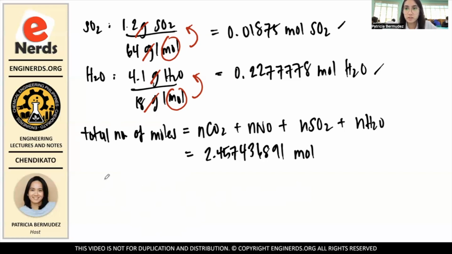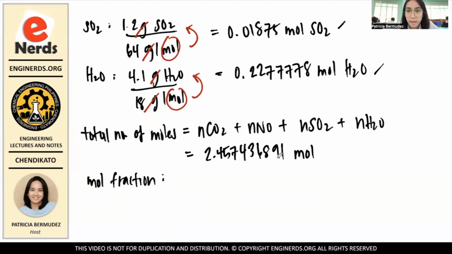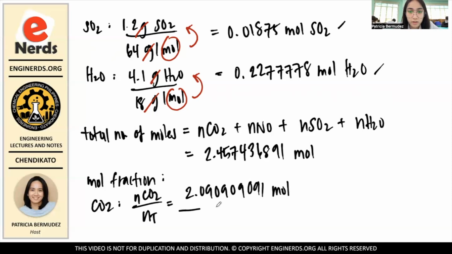And now we're going to get the mole fraction. So for the mole fraction, we just have to divide everything here, carbon dioxide, nitrogen oxide, sulfur dioxide, and water, by the total number of moles. Okay? So for carbon dioxide, our mole fraction is n CO2 over n total, which equals 2.090909091 mole divided by the total, which is 2.457436891 mole.